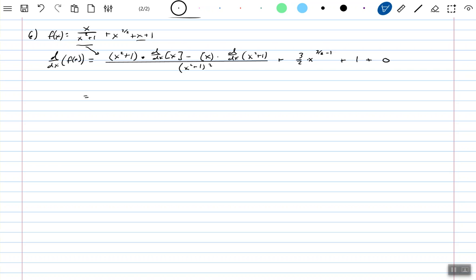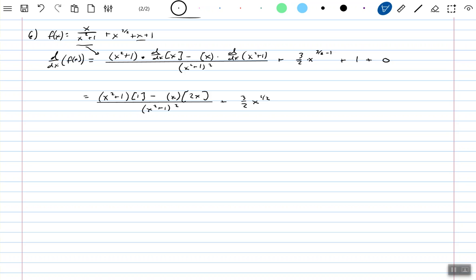Now we need to simplify. This fraction is x squared plus 1 times the derivative of x, but the derivative of x is just 1, minus x times the derivative of x squared plus 1. Well, that's just 2x. And now we want to divide it by x squared plus 1, quantity squared, plus 3/2 x to the 1/2.